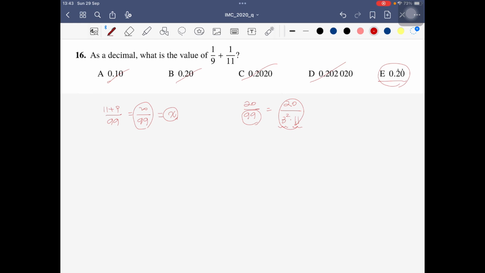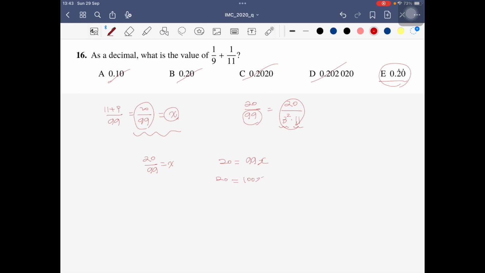But if you didn't know about this property, you can also figure it out like this. 20 over 99 equals x, then 20 equals 99x, but 99x is 100x minus x. So among those numbers, when we multiply by 100 and subtract its own number, we need to get 20.